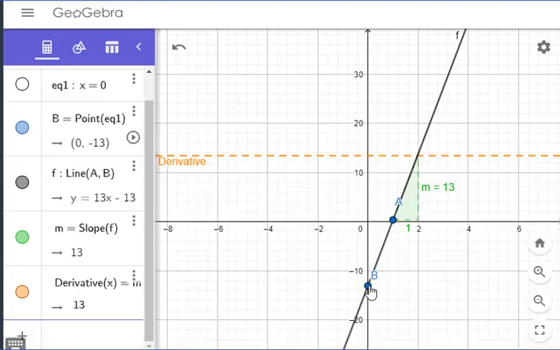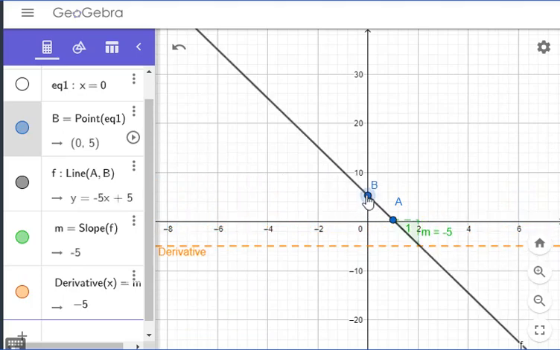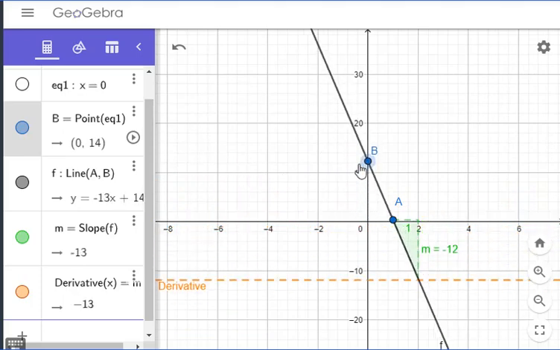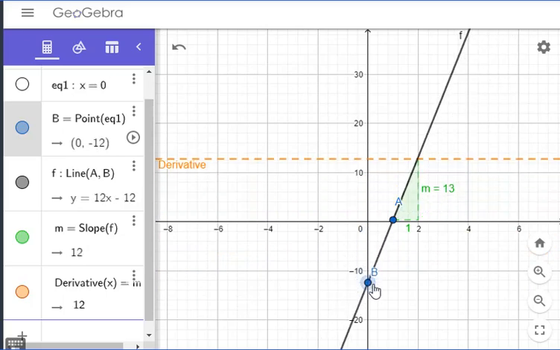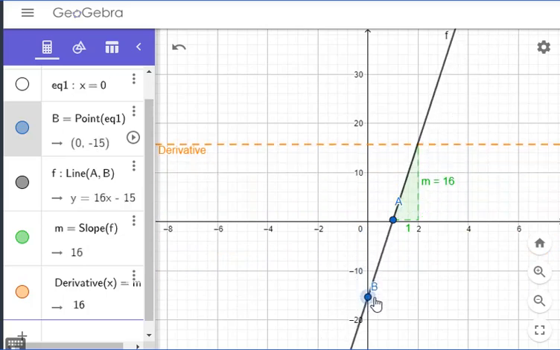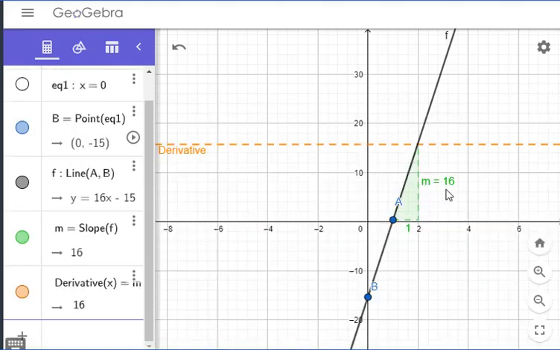If I move this b, that means your y-intercept is changing, and the slope of the linear function is unchanged, and equals the value of the derivative.